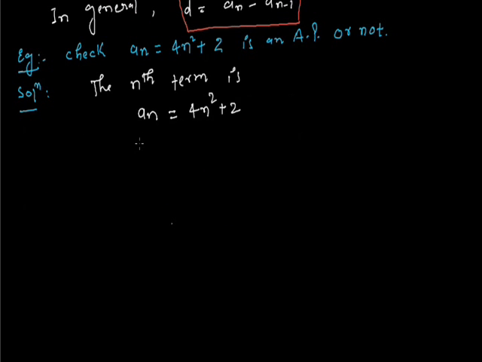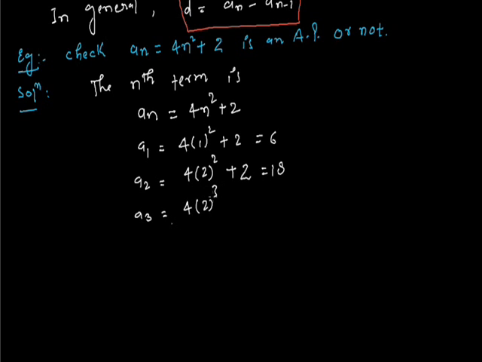If we want to find the common difference, let us see the first term a1 equal to 4 into 1 square plus 2, that is 6, the second term 4 into 2 to the power 2 plus 2, that is 18, and the third term 4 into 3 square plus 2 equal to 34, and so on.